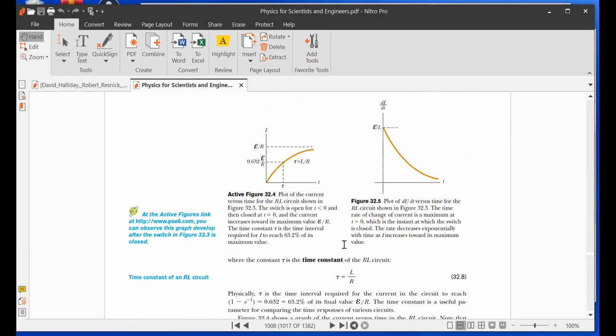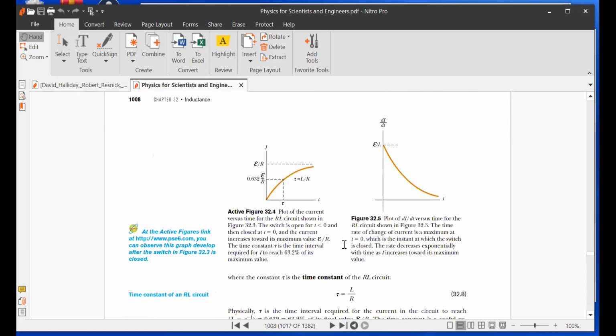The picture of this I at t equals 0 should vanish, and after a long time it converges to epsilon over R.